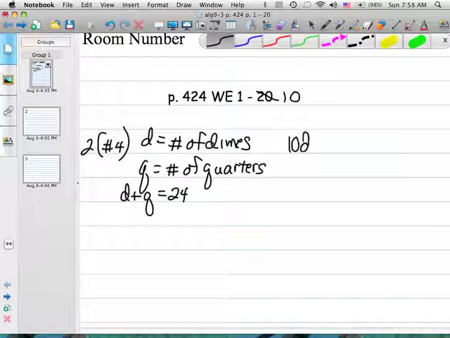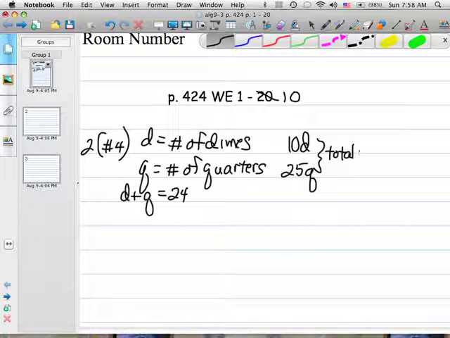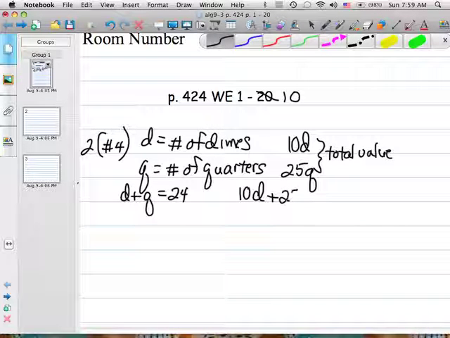The total value of the dimes would be 10D, and the total value of the quarters would be 25Q. So I could write the equation 10D plus 25Q equals 360 cents.